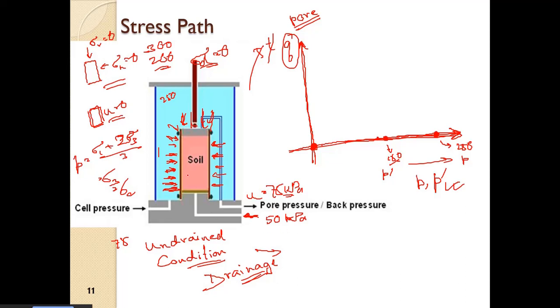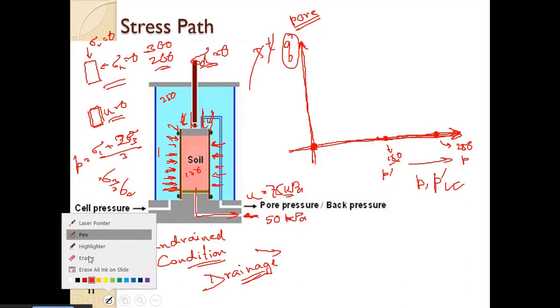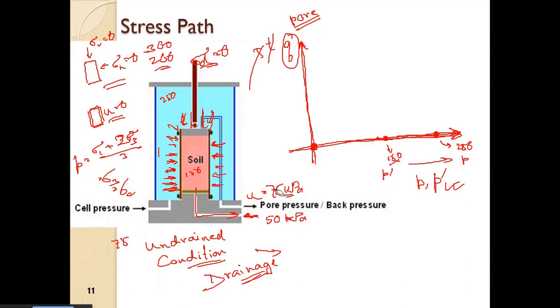Pore pressure was here initially 150 kPa, so definitely there will be drainage out of the sample, and ultimately the pore water pressure will also show 50 kPa. So now the pore water pressure inside the sample is reduced to 50 kPa.